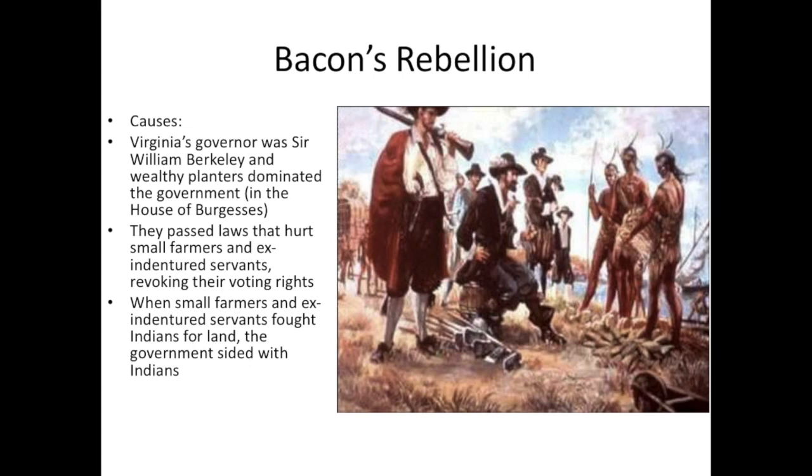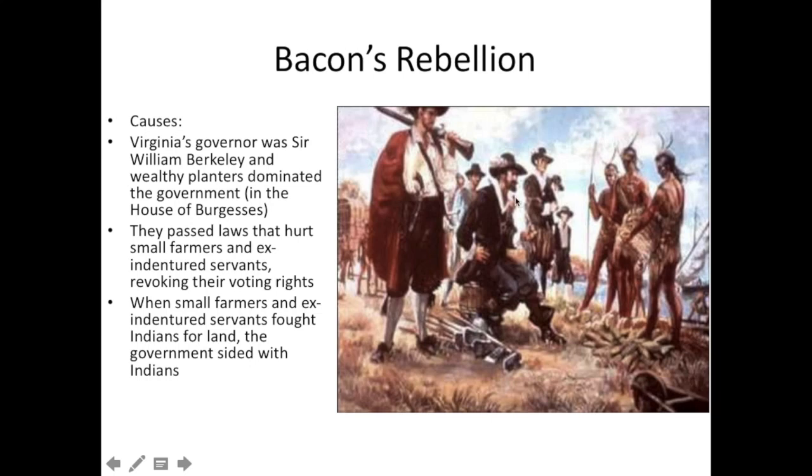Now, why in the world would the government and the House of Burgesses side with Native Americans when they came into conflict with other Englishmen? You'd think that the Englishmen would look out for each other. And the answer is this picture here. If you look at this picture here, what you're seeing is the wealthy planters of the Virginia colony, in this case, trading with the Native Americans.